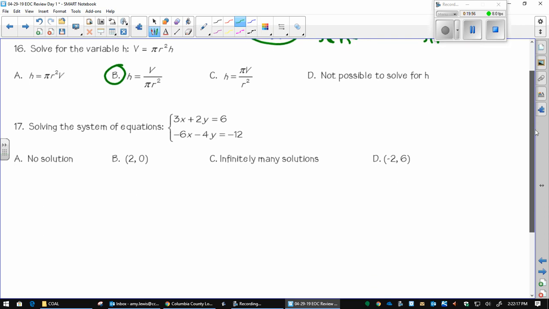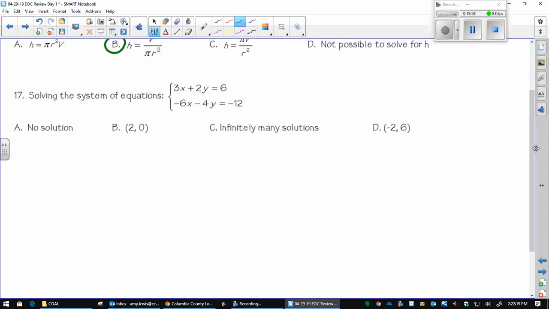Okay, so number 17 says solve the system of equations. Remember that we can use substitution or elimination based on which one looks like it's going to be easiest for us. In this case, I'm going to choose elimination because they're both in standard form.